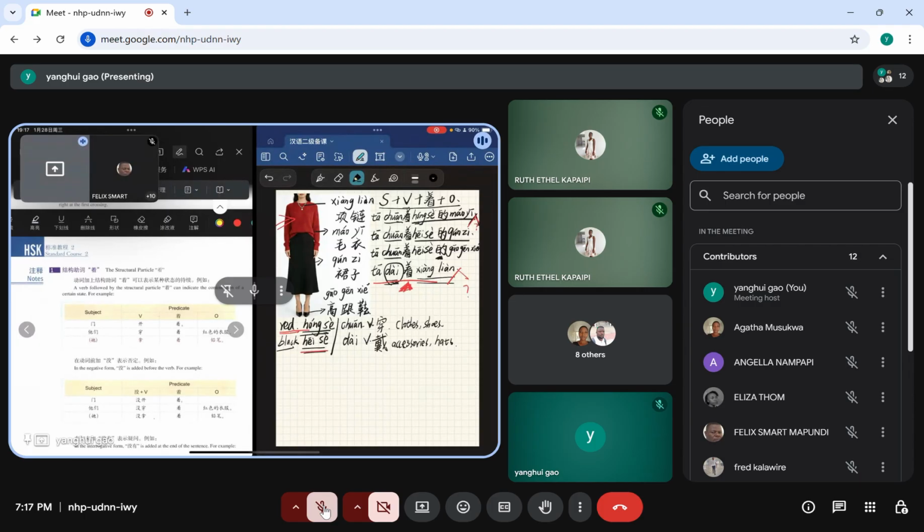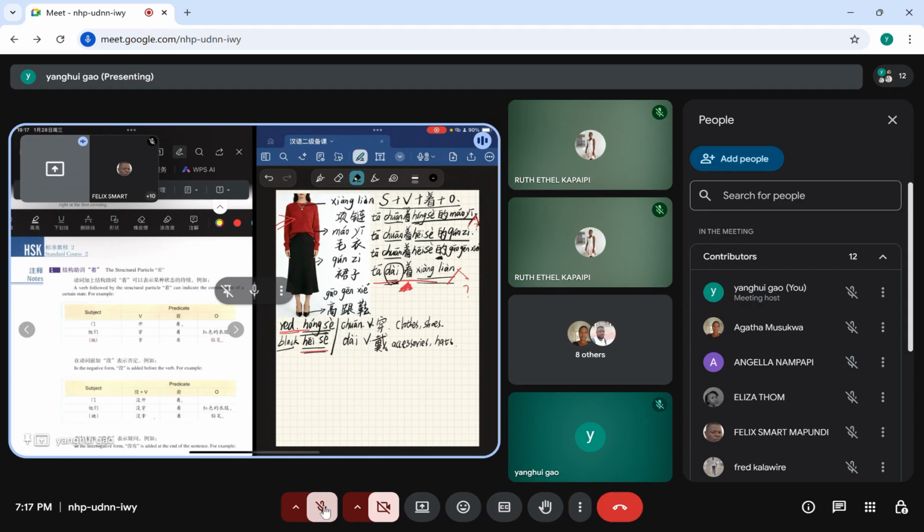So we can say 她穿着. Here is the verb with 着, where we use 穿, that's a verb. 穿着 is be wearing. 她穿着, and as an object, what she is wearing now, that's a red sweater. 红色的毛衣.